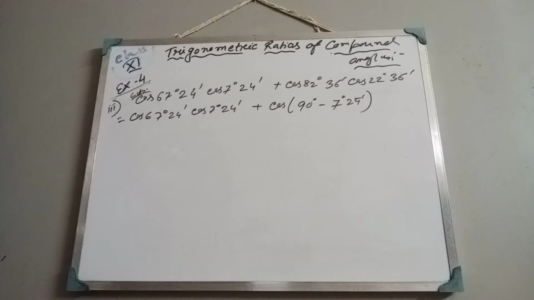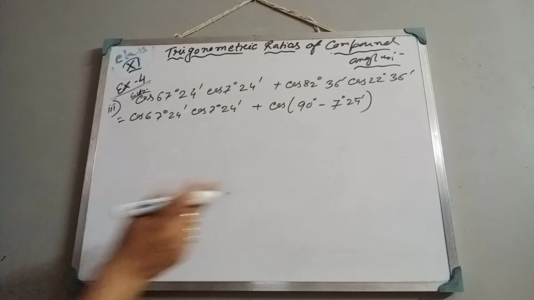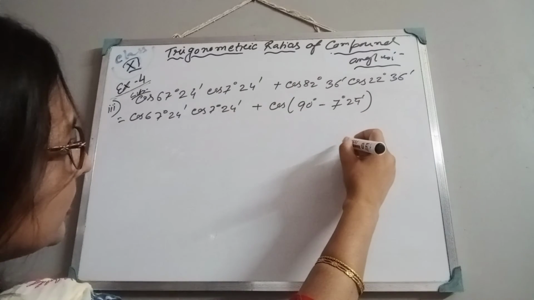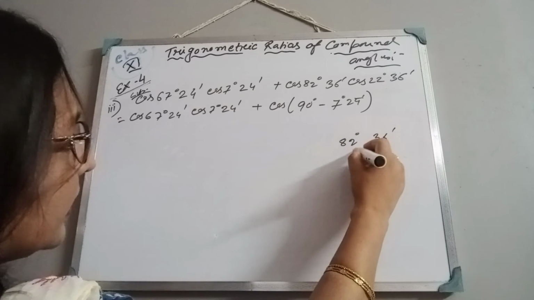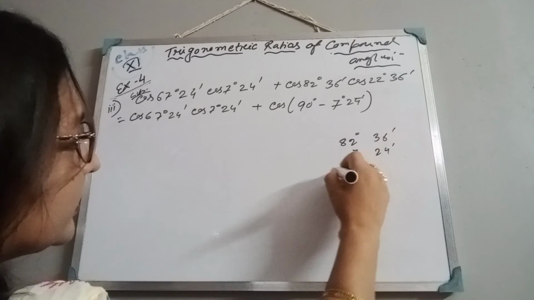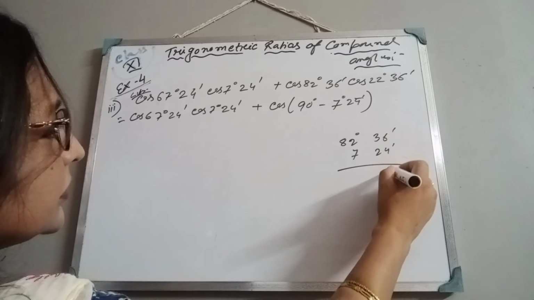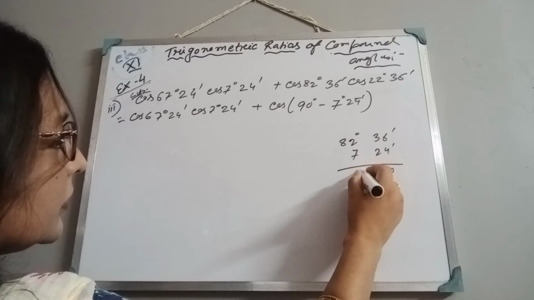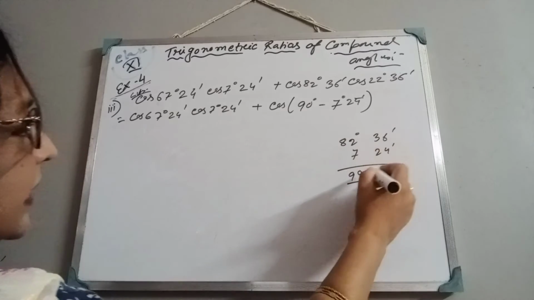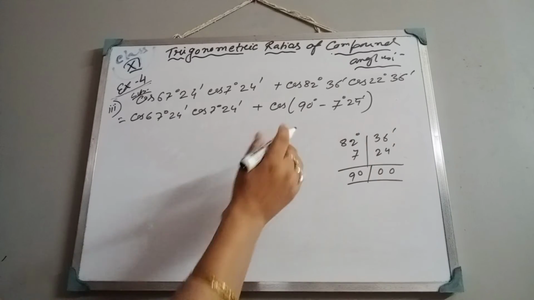That means if we add 82 degree 36 minute and 7 degree 24 minute, just check it, we will get only 90 degree.